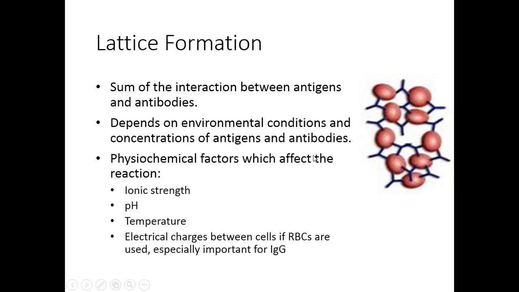So there may be some physiochemical factors that are going to influence how well these bind together and create this lattice, so that we may have to adjust our testing. We're going to talk about these in greater detail when we talk about agglutination, but remember things like ionic strength, pH, temperature, even electrical charges between red blood cells can be important.